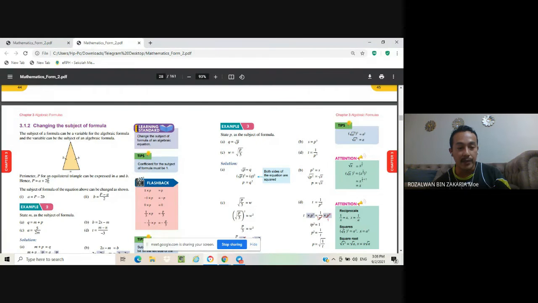So that means if you want to cancel this A, you need to minus A. So A plus 2B minus A. If on your right side you minus A, your left side also you have to minus A. So this one will become P minus A. So P minus A equal to plus 2B because A is already gone. Because A minus A becomes 0. So this one becomes P minus A equal to 2b, positive 2b.